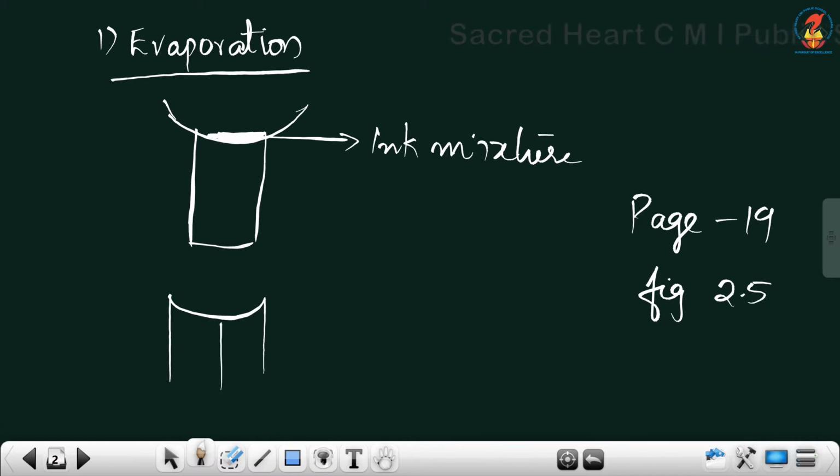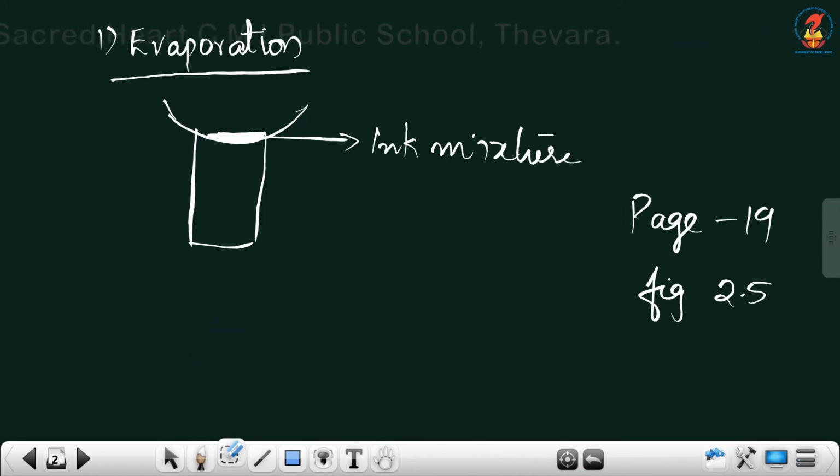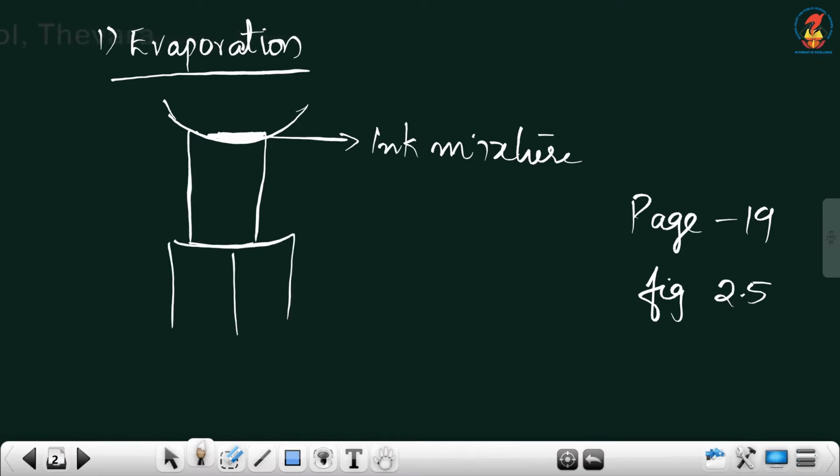Three legs are there, that is why we call it a tripod stand. And we can show the burner there, and we have given heat energy.